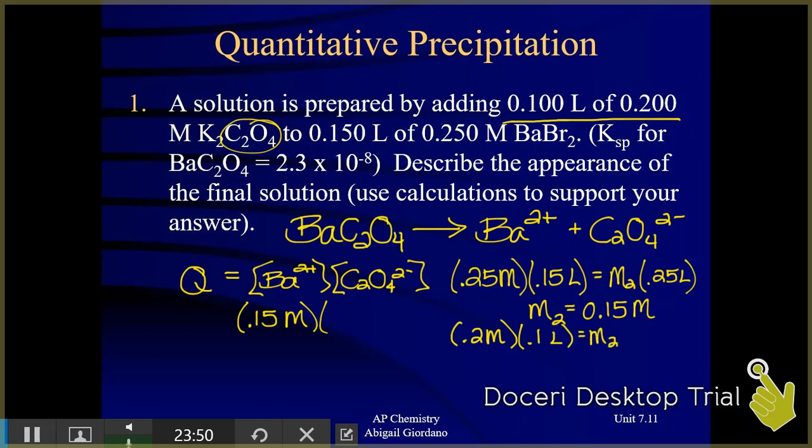I don't know the final molarity yet, but when I mix everything together, I get 0.25 liters. And let's see what that gives us. 0.08.